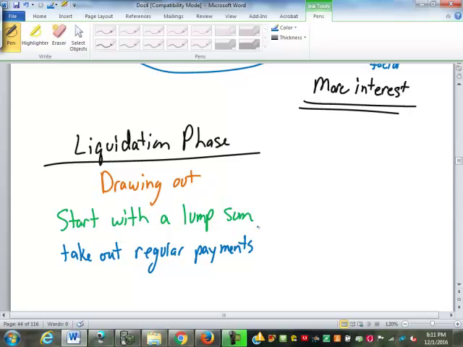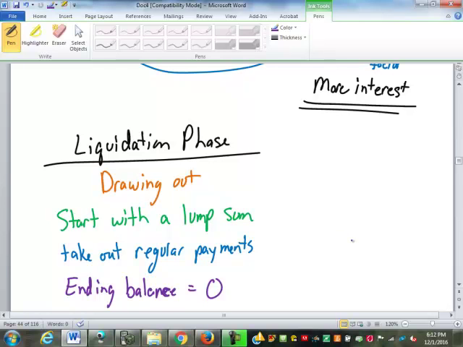Could be once a month, could be once a year, could be once a quarter, could be once a week. The ending balance should be zero. So in the accumulation phase, we started out with zero, made these regular payments to get to a lump sum. In the liquidation phase, we start out with a lump sum and we draw them out to get to zero.